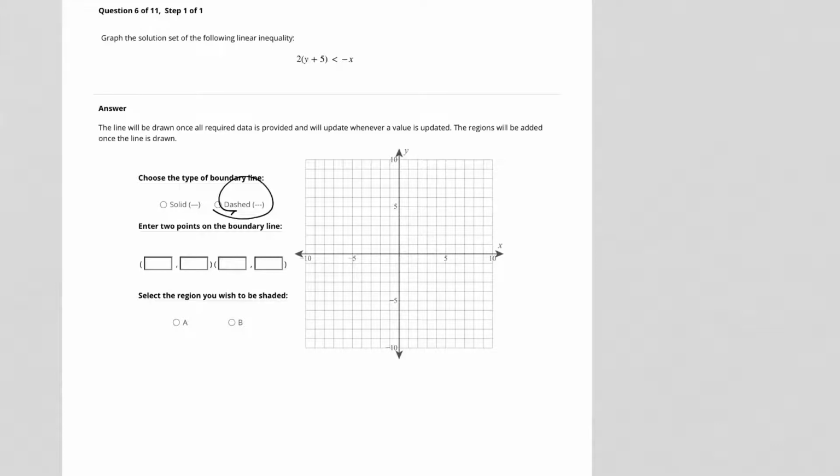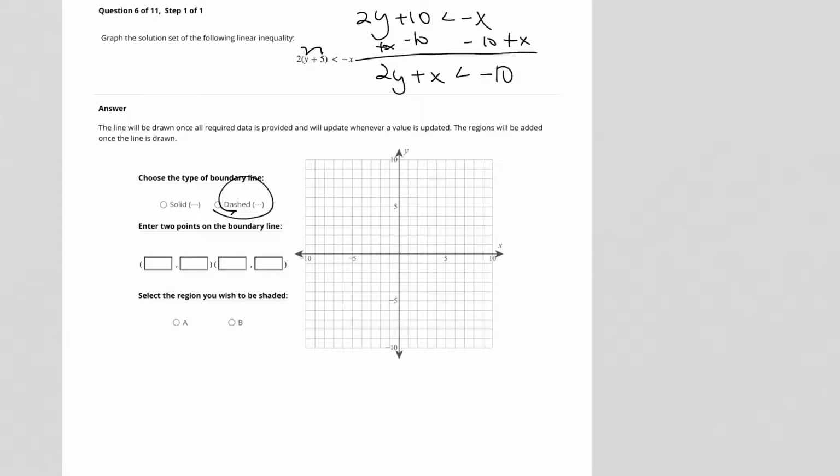I think I'm going to do the distributive property and simplify this a little bit to begin with. 2 times y is 2y. 2 times 5 is 10. That is less than negative x. I'm going to subtract 10 and add x. That's going to leave me 2y plus x less than negative 10.